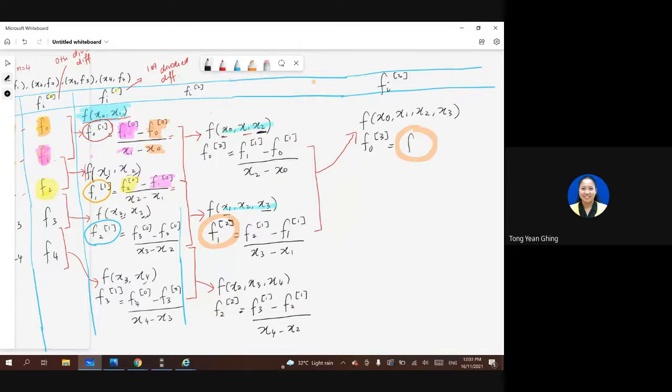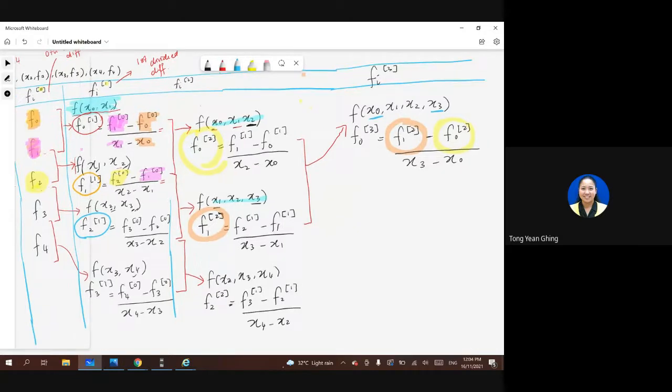So this is f1 2 minus, and then we have to take this value minus yang sini, so that means this is f0 second degree, divide by x3 minus x0. So daripada mana? Daripada x3 sampai ke x0.